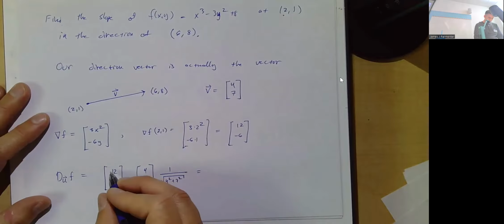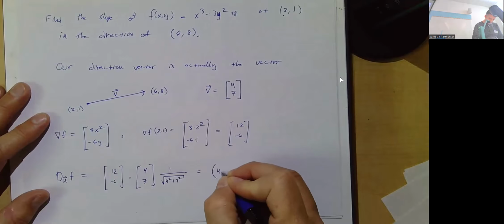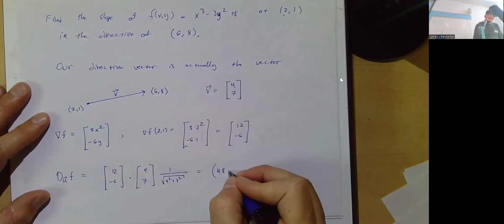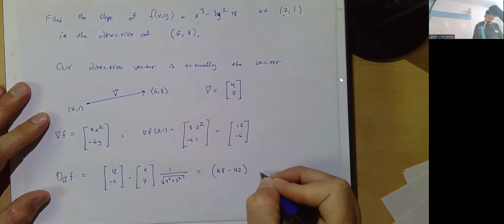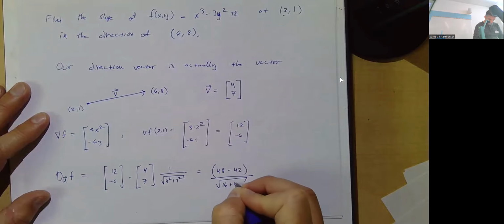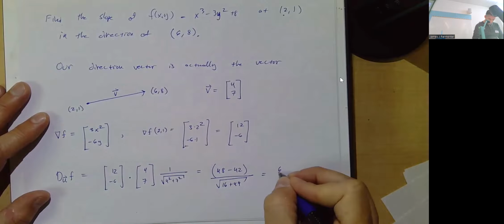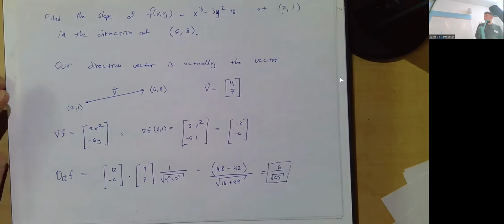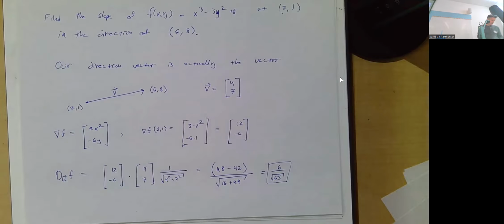I'm going to get 12 times 4 plus negative 6 times 7, all over the square root of 16 plus 49, which is going to be 6 over the square root of 65. And that is the slope of the surface at that point in that direction.